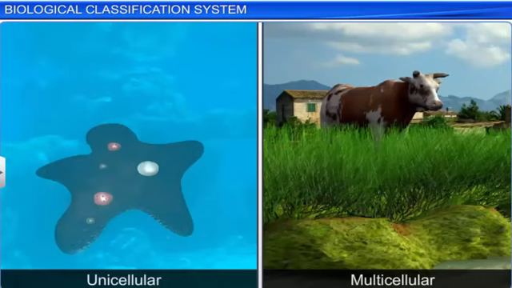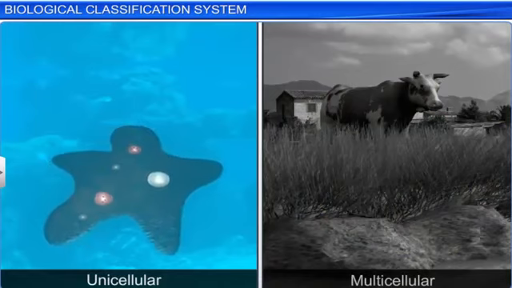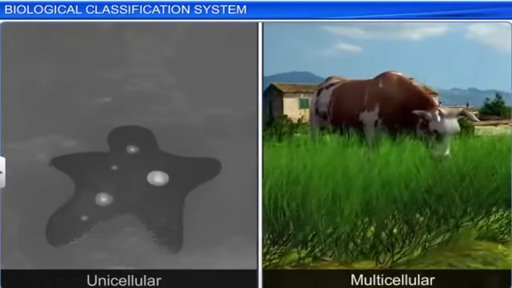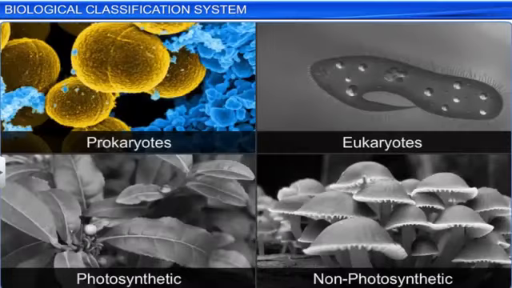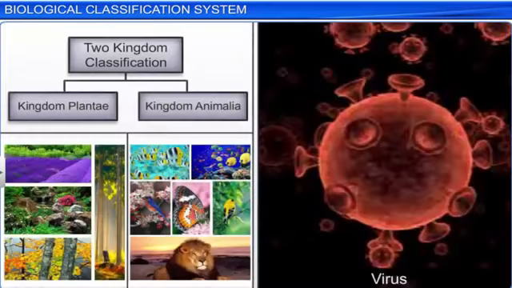However, this system did not distinguish between unicellular and multicellular organisms, prokaryotes and eukaryotes, and photosynthetic and non-photosynthetic organisms. There were also a large number of living organisms that did not fall into any category under this system.